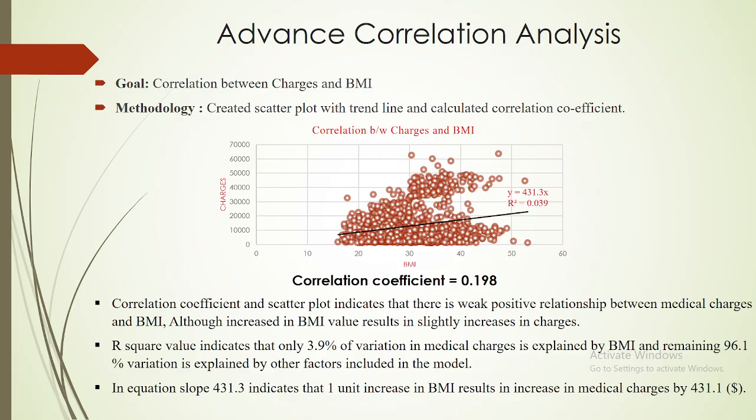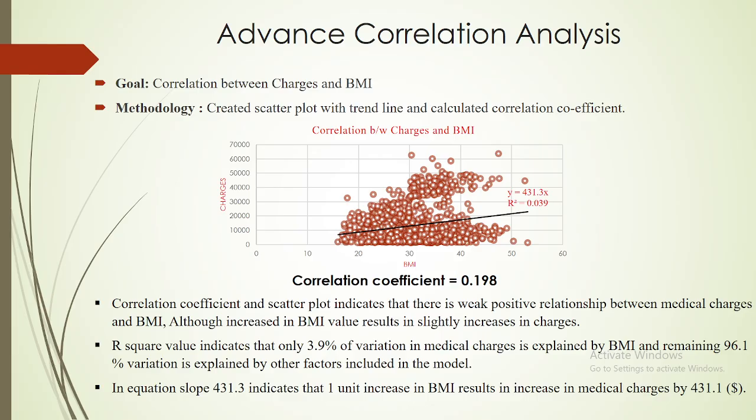And the advanced correlation we have also done using Excel, by plotting a scatter plot and using a trend line to calculate the slope and also the R square value. For this, I have fitted the trend line. The R square value measures the goodness of fit of a model.